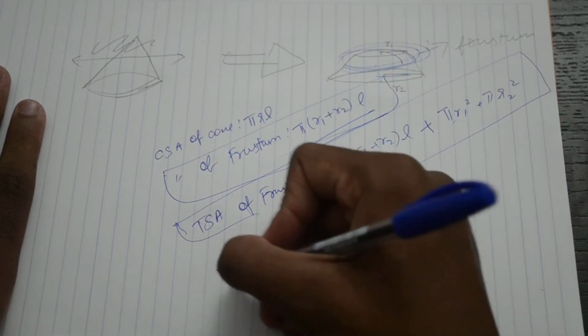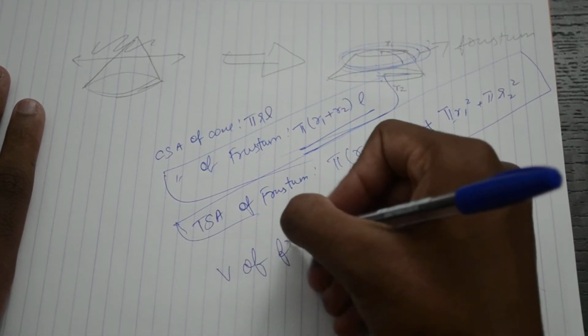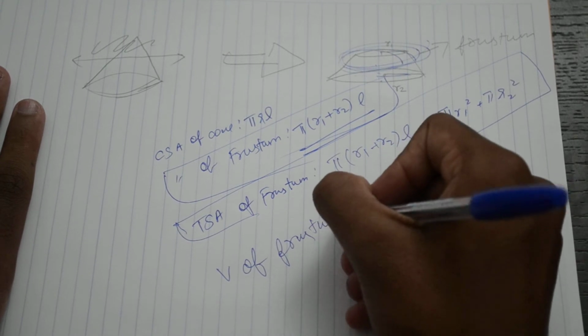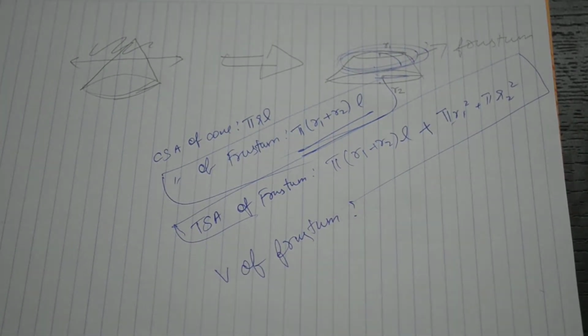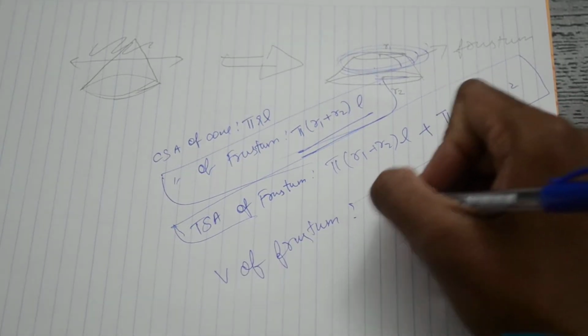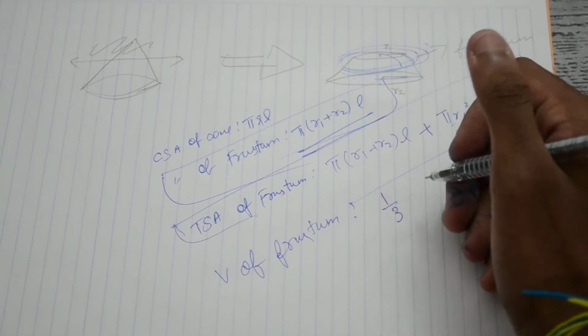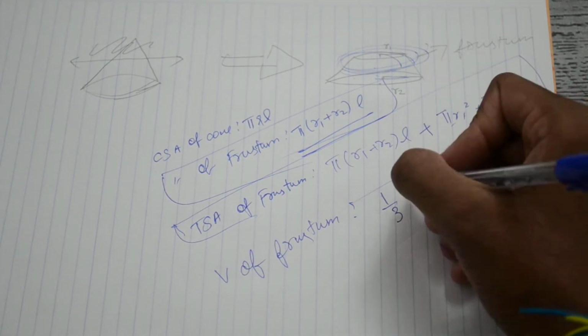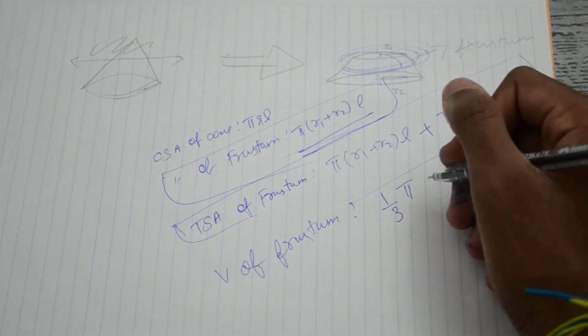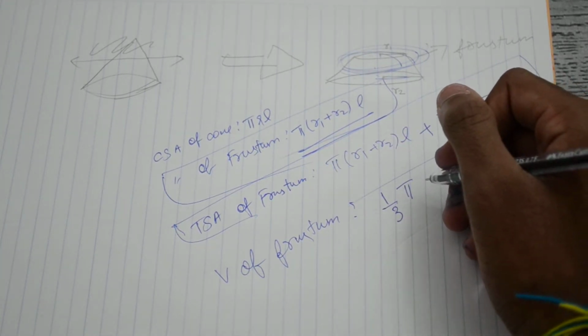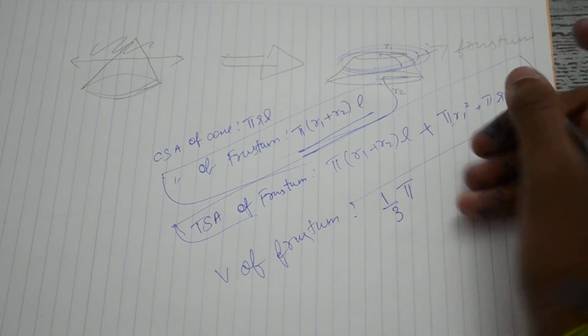Now all that's left is the volume of a frustum. I hope you understood. I'll explain all three again in the ending. But the volume is the most important. So what do you know about the volume of a cone? It's 1 by 3 pi r square h. You leave the radius square for now.